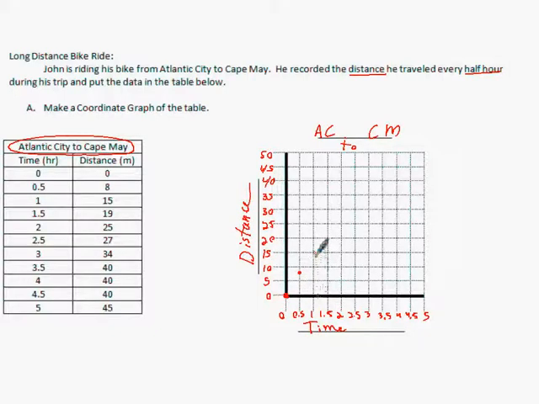At 1, we're at 15. 1.5 is at 19. 2 is at 25. 2.5 is at 27. 3 is at 34. 3.5 is at 40. 4 is at 40. 4.5 is at 40, and 5 is at 45. Let's connect all these with line segments. And now we have our coordinate graph finished. So we're going to use this now and read it to answer a couple questions.